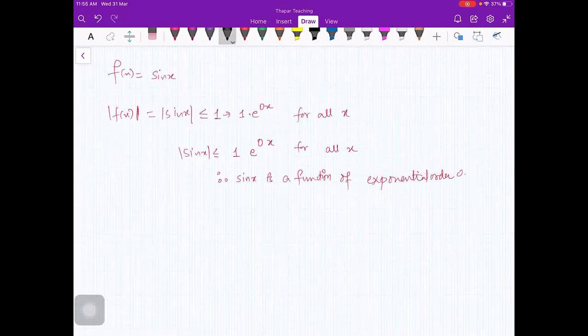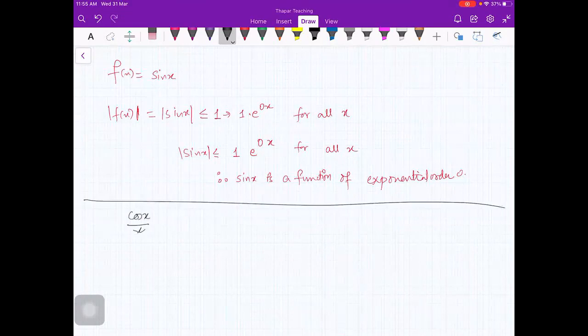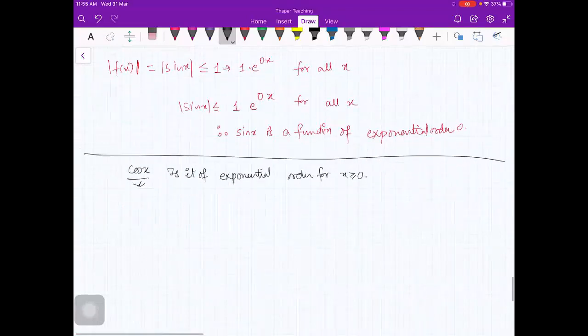So, for example, if you look at this cos x by x, the question is, is it of exponential order for x greater than equal to 0? ये क्वेश्चन है. अब आपके पास देखिए क्या है.